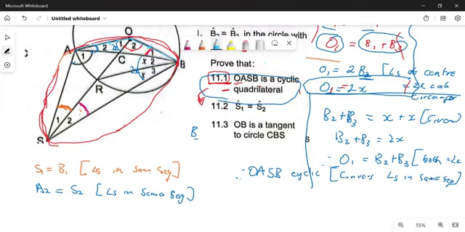Yes. Now, if those two are equal, what can you tell me about A2 and B1 then? They are also equal. Okay, what will be your reason behind this? Why are these two equal?